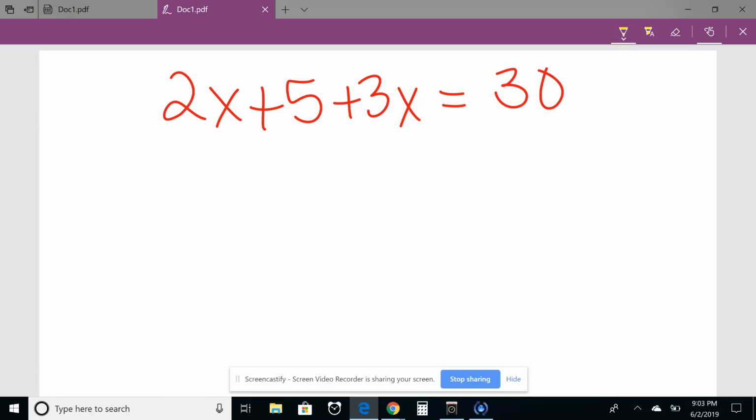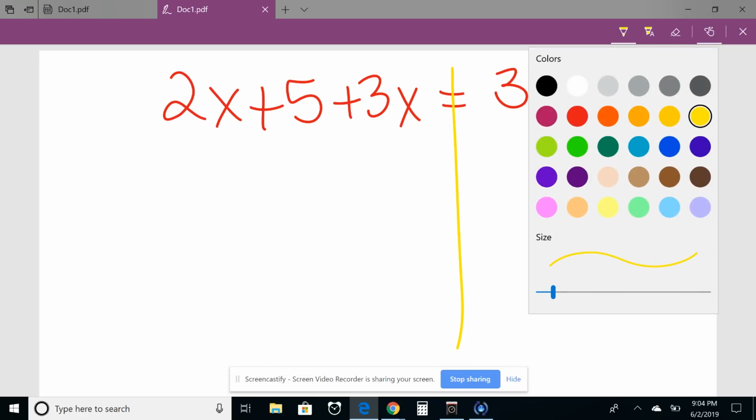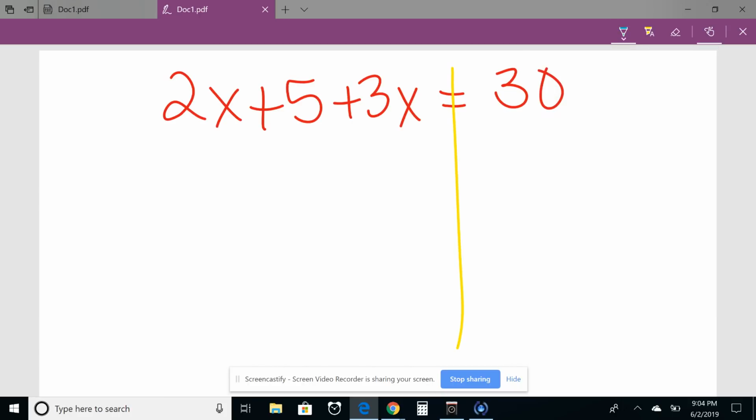Okay, I'm going to put my line down the equal sign to determine my sides. Whenever you have an equation like this, you have to make sure each side is simplified as much as possible. Now, before you do that, you have to see, look on the left side of our equation here, we notice we have 2 terms with variables. We have the 2x and the 3x. Those are called like terms.